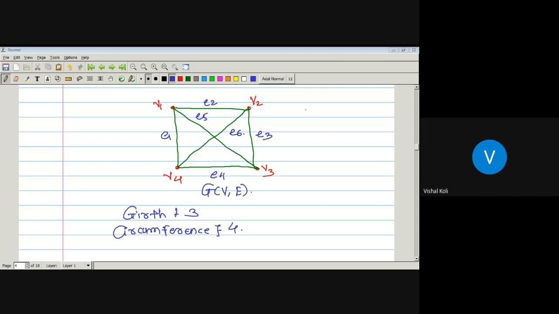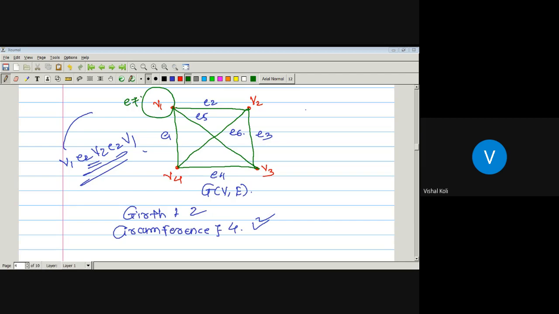Yes, sir. Circumference is true. This one is not. Is the walk V1, E2, V2, E2, V1 a cycle? It is a closed walk in which no vertex is repeated. Yes, sir. What is the length of that cycle? 2, sir. So what is the girth? It is 2. If suppose here there is one more edge, E7.